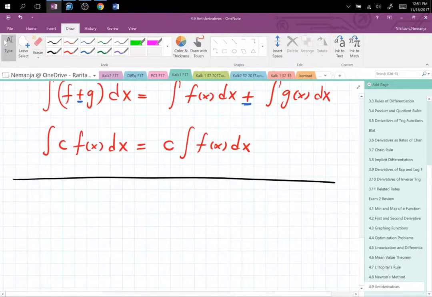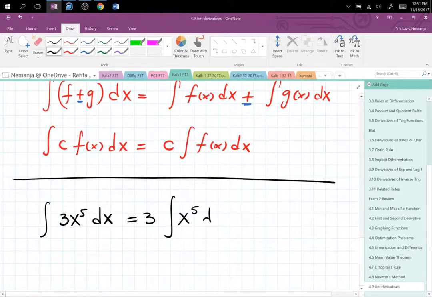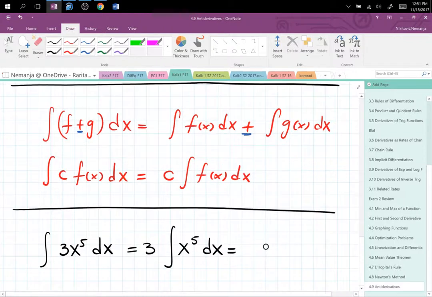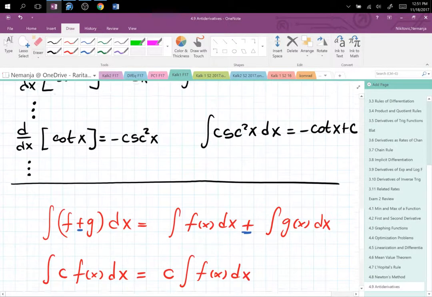The first order of business is to integrate, let's say, 3x to the 5 dx. So I am going to kick 3 in front of the integral and just focus on integrating x to the 5 dx. Now, that is clearly our rule, where you take this n, which is 5, and you go +1 and +1.